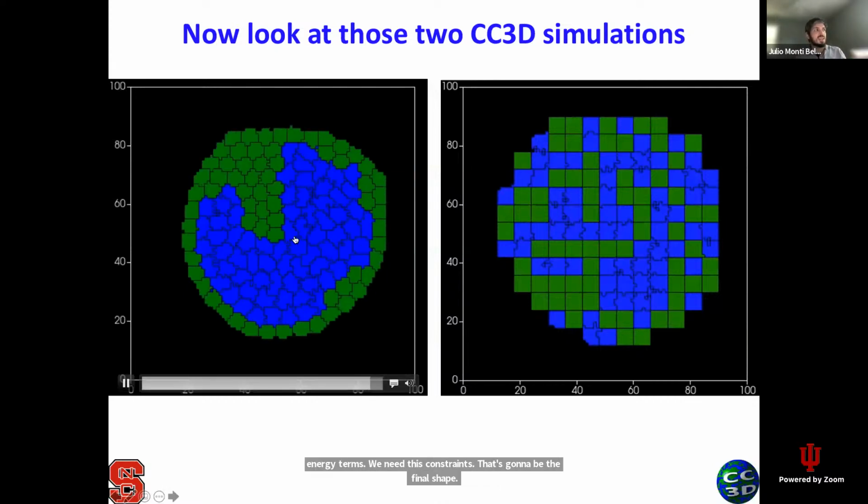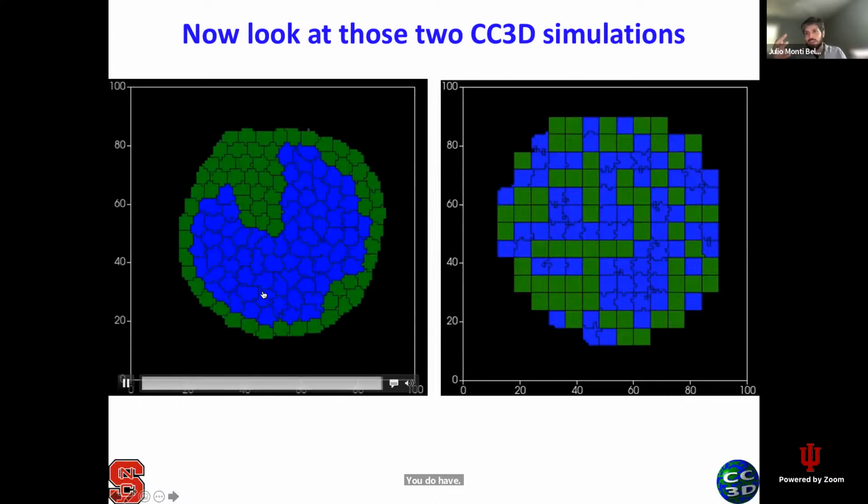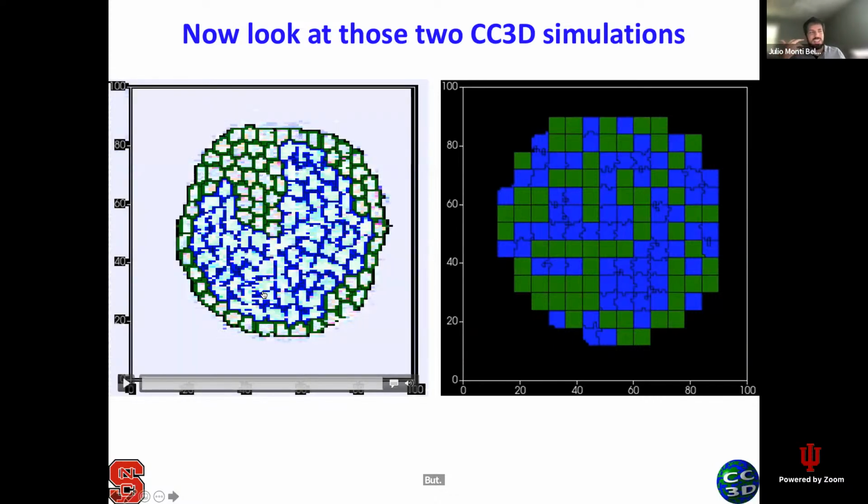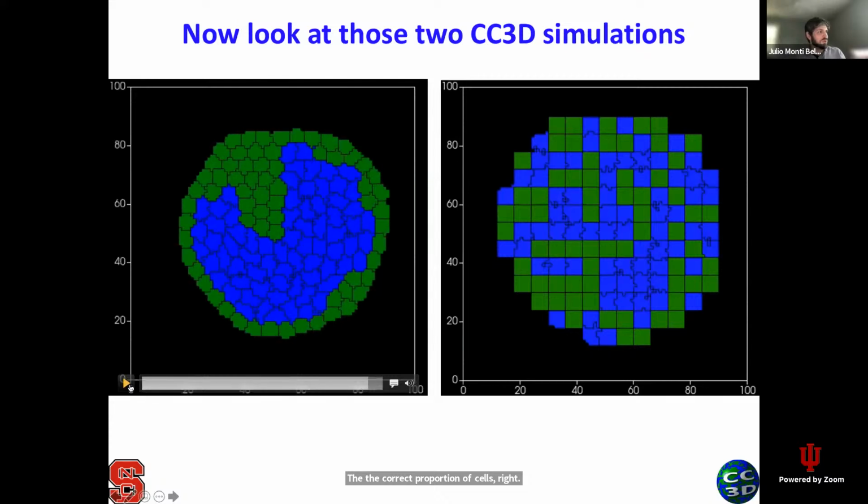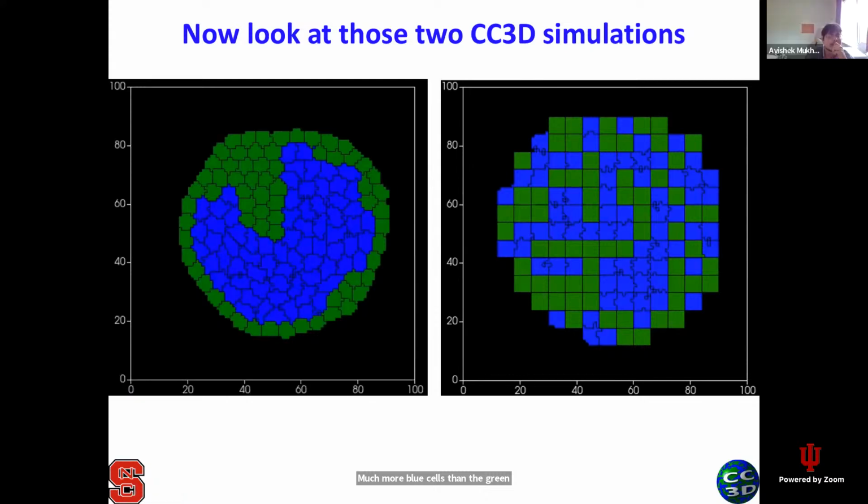But that also depends on whether you have the correct proportion of cells, right? If I have many more blue cells than green, then the engulfment may just not be possible. Or if you have many more greens than blues, the blues will never find themselves. Two different blue clusters will never find each other.